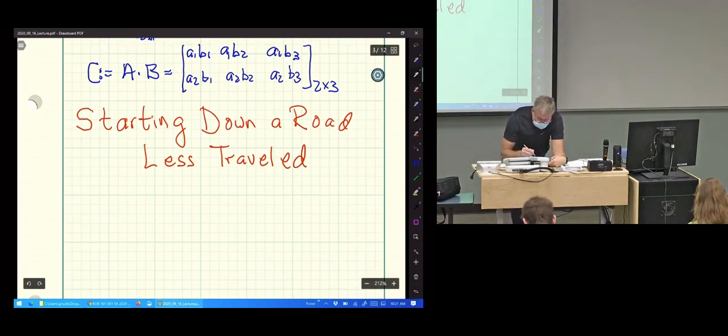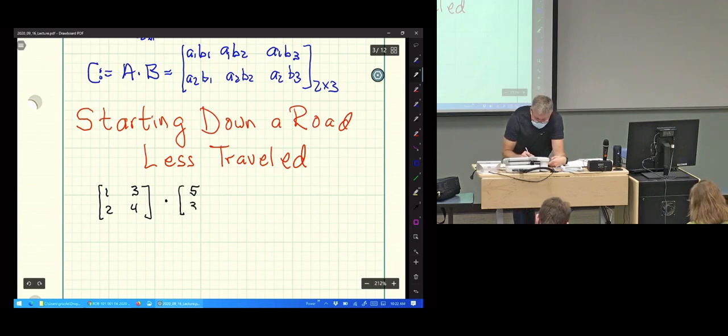Okay, so I'm going to give two matrices, using some of my favorite numbers. 1, 3, 2, 4, and then I've got 5, 3, I don't know why I do that, but I do.